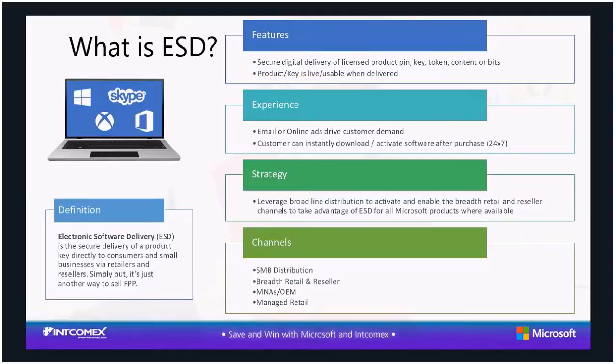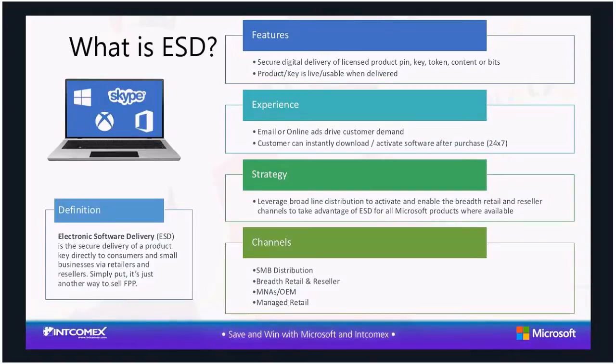And we will talk about the features later. The features that this has is a secure digital delivery key where you can send the PIN or the key of the token, basically, and the bits. So once you purchase from Incomex, you go to the web store, you decide to purchase an Office Home and Student because your customer purchased that from you.